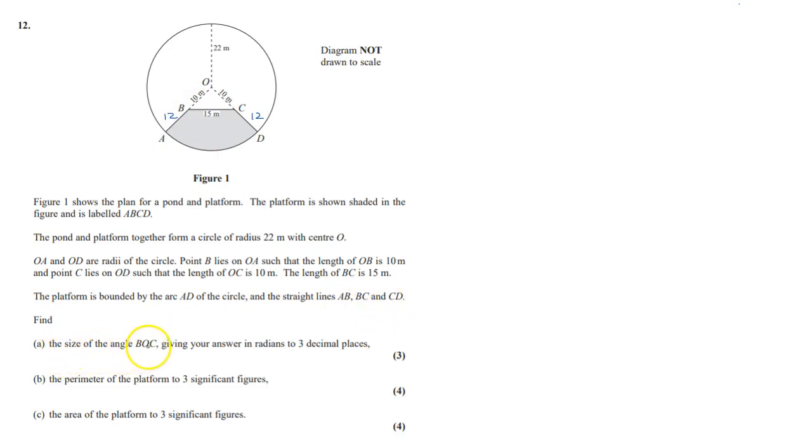Find the size of angle BOC. Part A: all three sides are given for triangle BOC, we have to find this angle. All three sides are given, so we'll use the cosine formula.